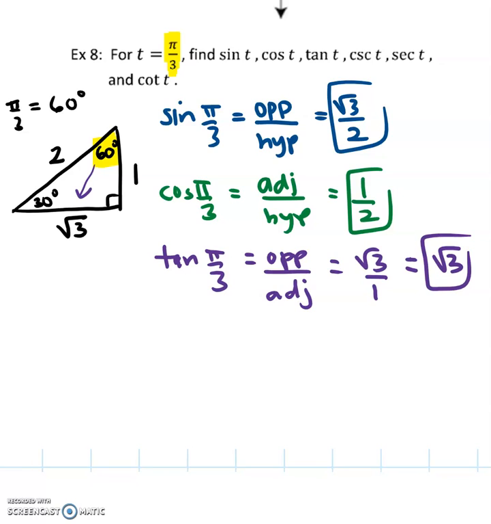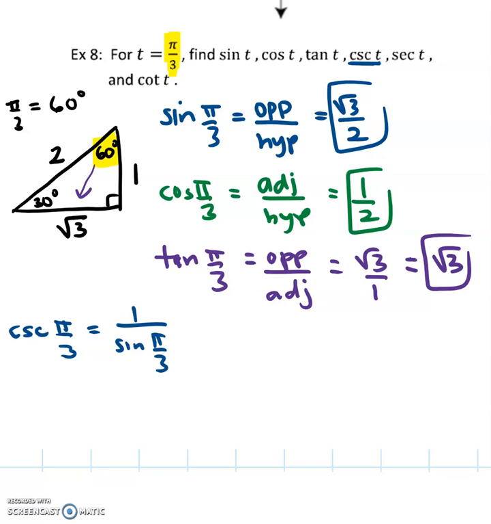So starting off with cosecant, that is a cofunction related to sine. And according to our definitions, I'll write cosecant here. Cosecant of pi over 3 is the same thing as 1 over sine of pi over 3.